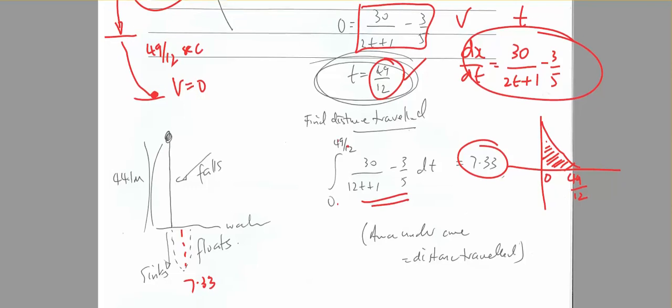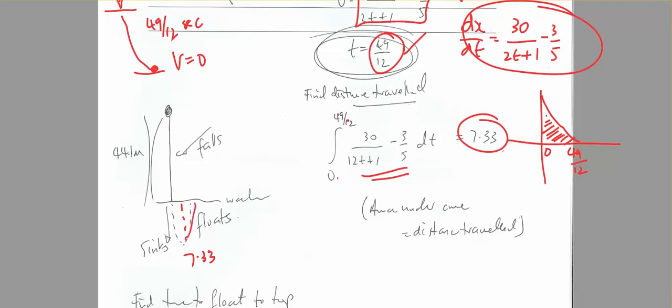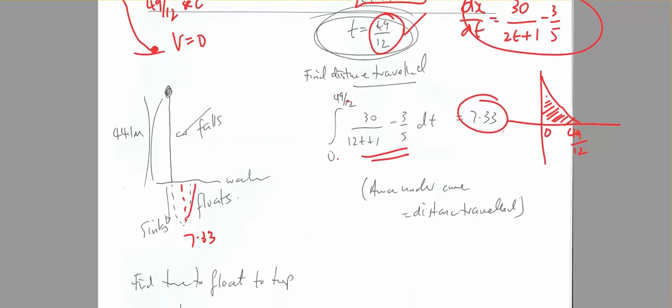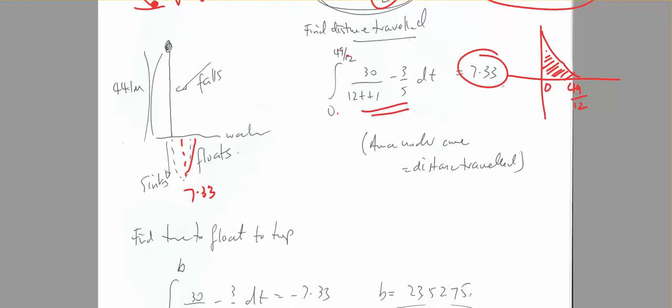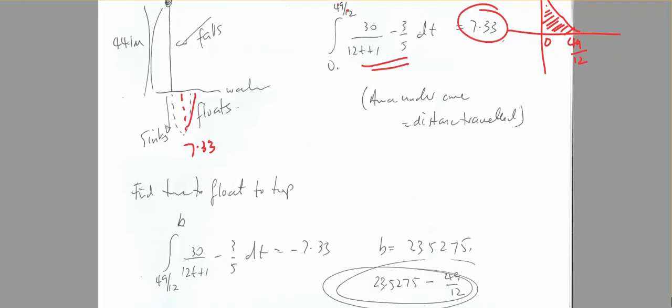So to find out when it's going to get back up to the top, I've integrated the same expression from time 49 on 12 up to b, the time it gets to the top, and I've made that distance equal to negative 7.33 to find an answer of 23.5275.